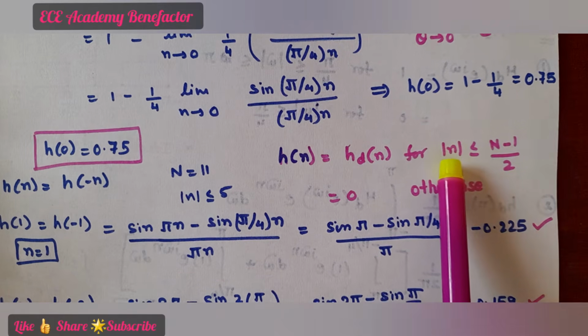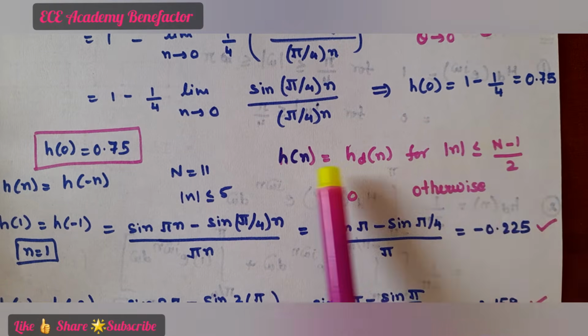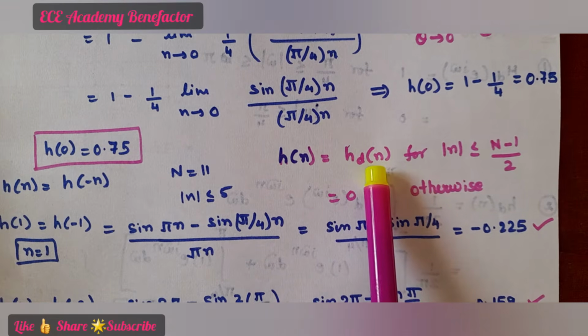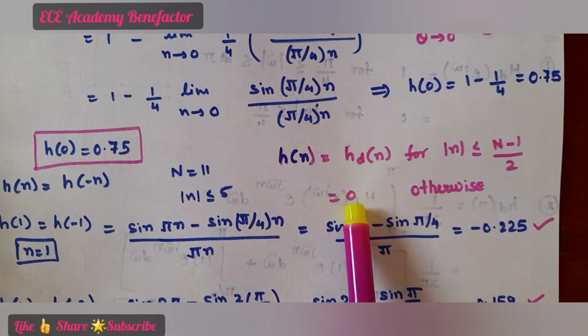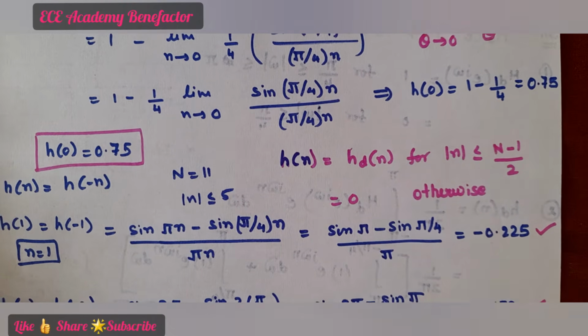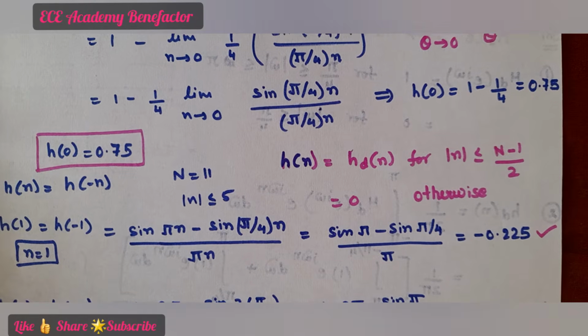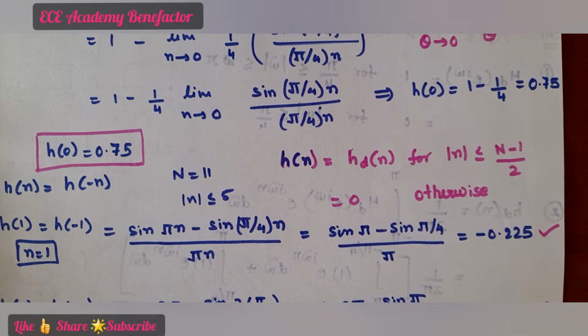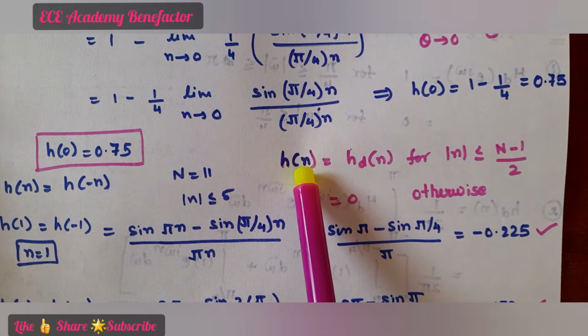So for mod n less than or equal to 5, h of n is equal to h d of n, and is 0 otherwise. The next step is to find h of 0, h of 1, h of 2, h of 3, h of 4 and h of 5.